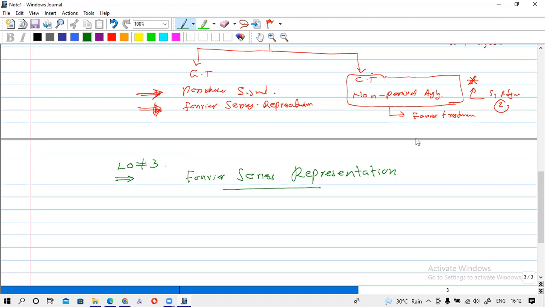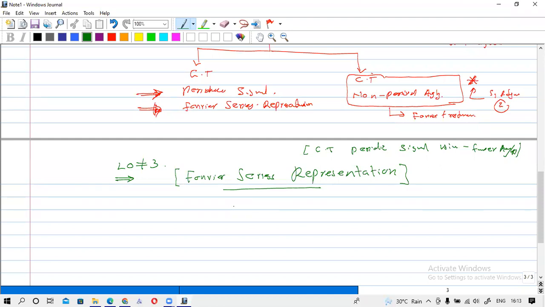That means we are going to analyze continuous time periodic signal using Fourier analysis. We are talking about many words: Fourier analysis, Fourier series, Fourier transform, and so on. Our topic is Fourier series representation, which is under Fourier analysis.